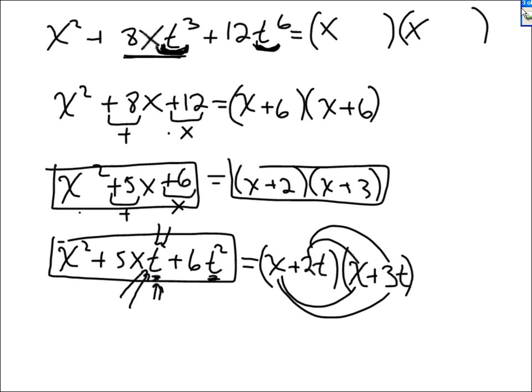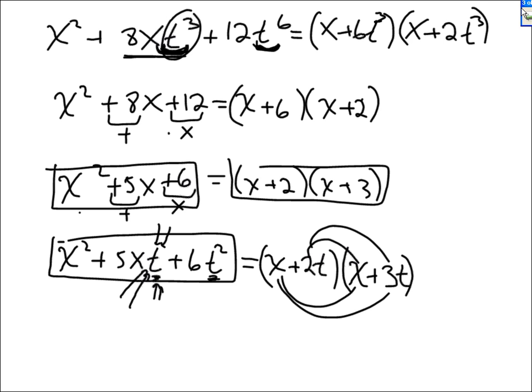So let me not write 6 and 6, let me write 6 and 2. So we can finish up the top problem by writing plus 6 and plus 2. And that piece by the x, the t cubed, if we now put in t cubed, it will work.